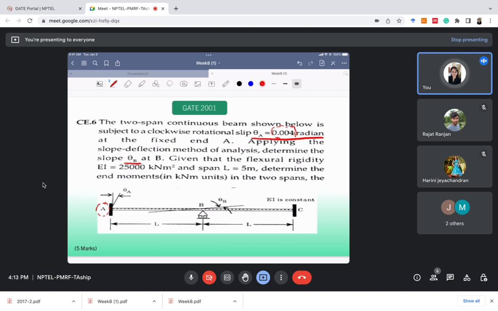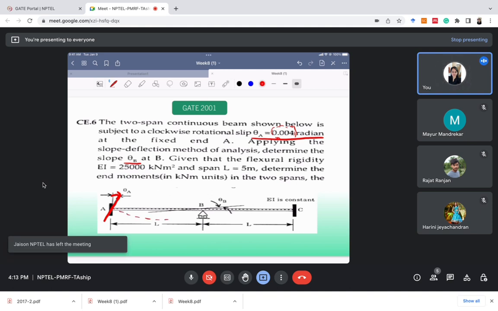There is no external loading, and we need to determine the slope at B. Suppose for this beam, if this support slips by some amount, it will affect the rotation of support B also, right? It will cause the rotation in support B also. So they are asking what would be the value of that slope. So this is the question. The rotation at B could be either due to the external loading, or due to settlement of support, or due to rotational slip.